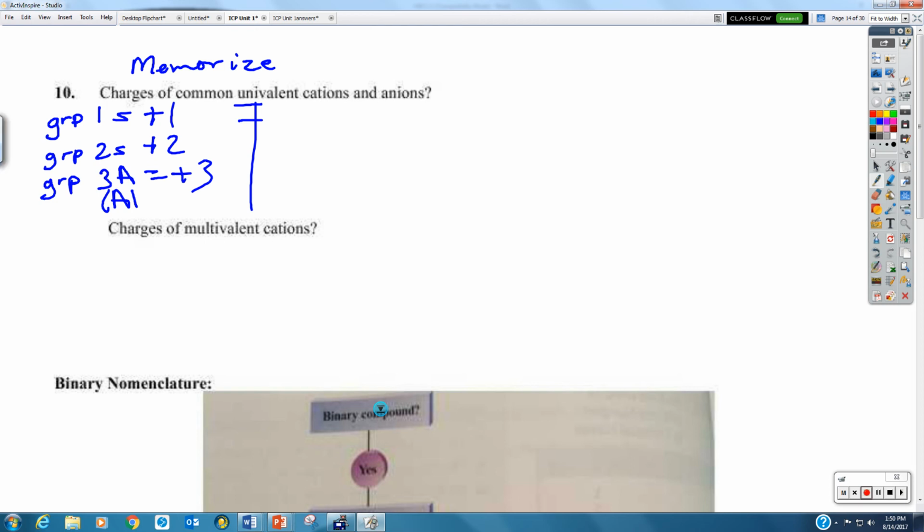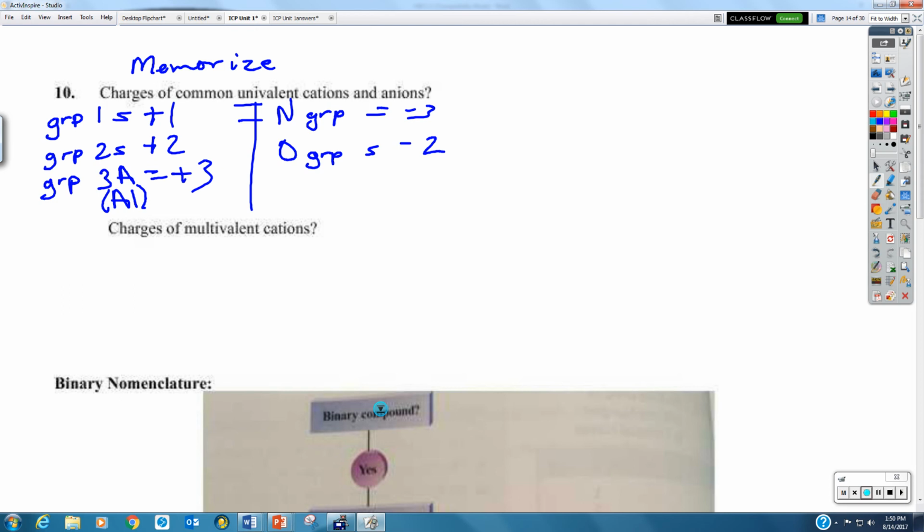All right, so we'll do the nitrogen group. What's the normal charge for a nitrogen group? Minus 3. Y'all remember that. What's the normal charge for the oxygen group?